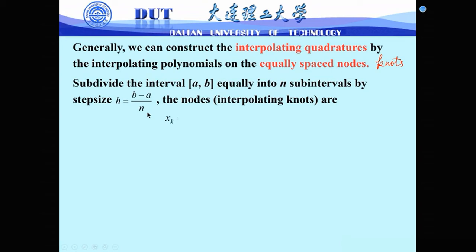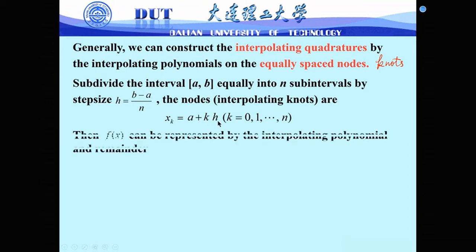Then we can obtain the interpolating nodes by x_k equal to a plus k multiplied by h.